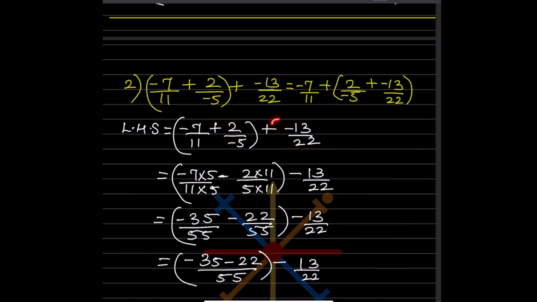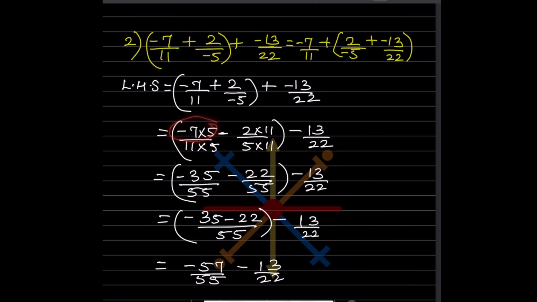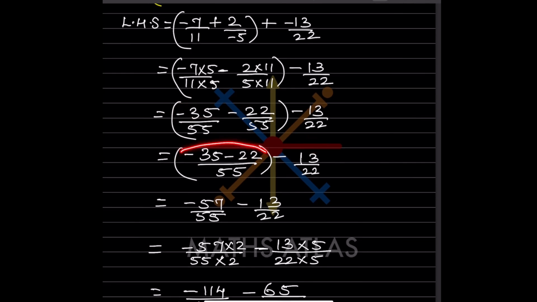This will be plus again, plus minus will be minus over here. Minus 35 minus 22 over 55. This will be the same. Minus 35 minus 22 over 55. So minus 35 minus 22 is going to be minus 57 over 55.